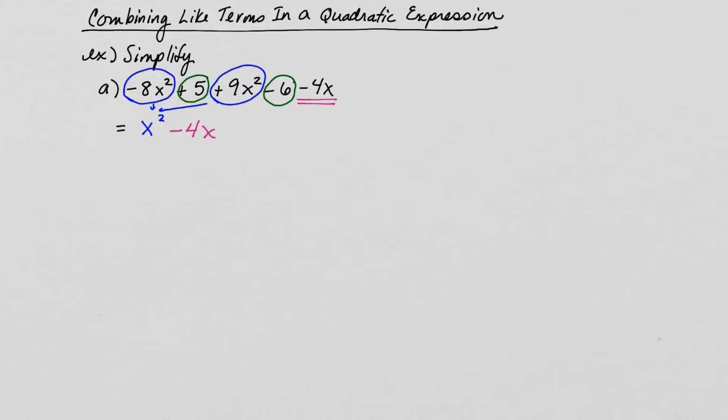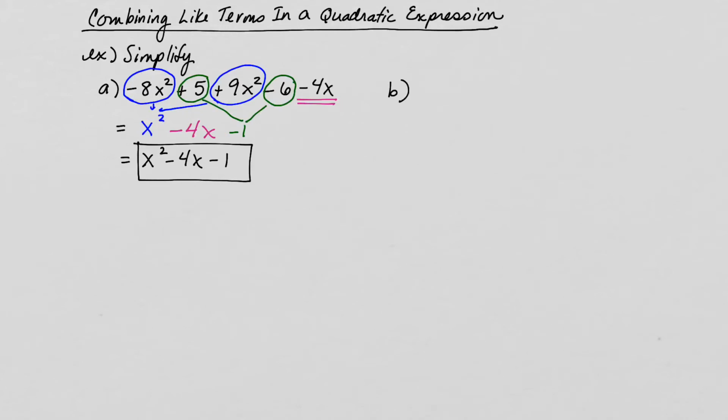And then the green pieces, I have a plus 5 and a minus 6. So plus 5 and minus 6 would give us minus 1. So that final answer, and you don't have to rewrite it, I'm just writing it on one line so I can draw a box around it, is x squared minus 4x minus 1. So we'll look at some more examples.